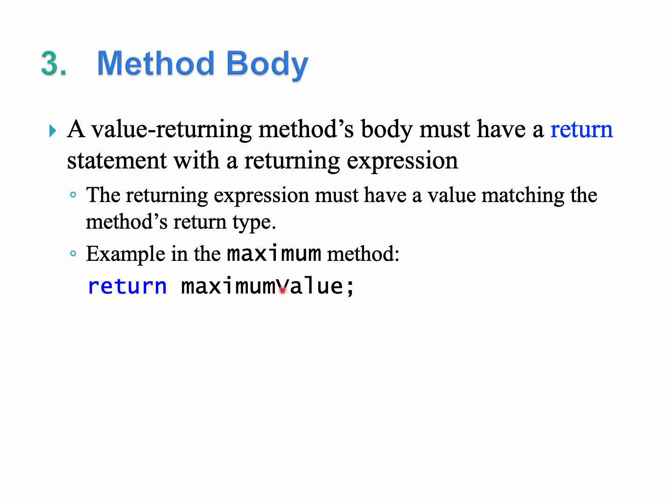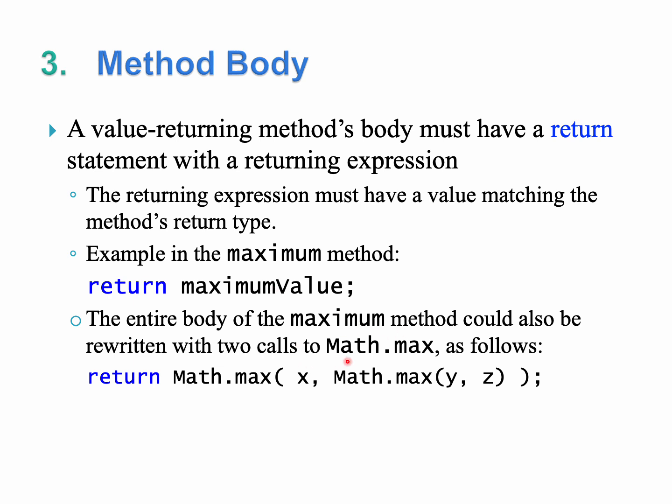where maximumValue is a variable of type double. Note that the entire body of the maximum method could also be rewritten as a single return statement with two calls to the method max in the Math class as follows.